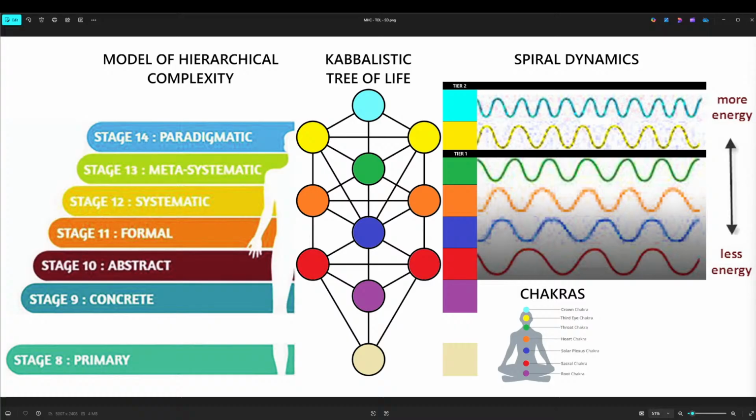And so anyway, like I said, I'm working on a more detailed version of the Tree of Life using this system.